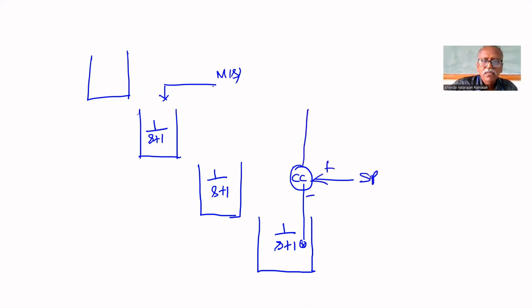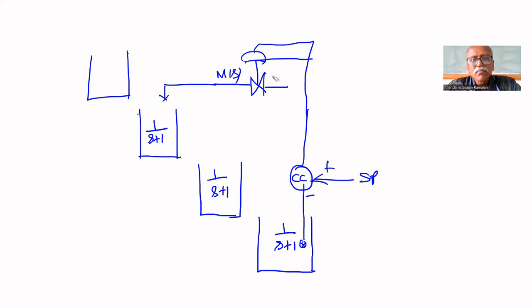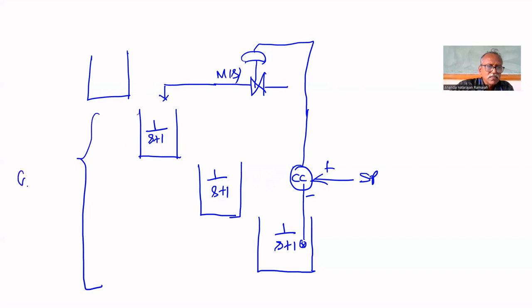Its output is to manipulate the input. That's all. Therefore, the process model is GP of s equal to 1 upon (s plus 1) whole cube, because they are cascaded. Each one is 1 by s plus 1. That's why its model is 1 upon (s plus 1) whole cube.